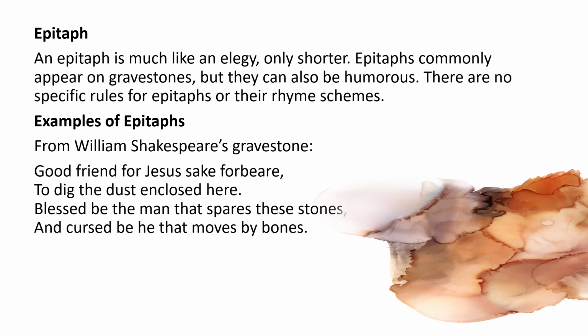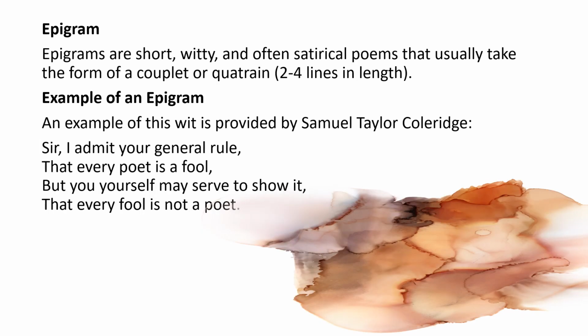The famous epitaph by Shakespeare on his gravestone reads, Good friend, for Jesus' sake, forbear to dig the dust enclosed here. Blessed be the man that spares the stones, and cursed be he that moves my bones. That's a Shakespearean epitaph.